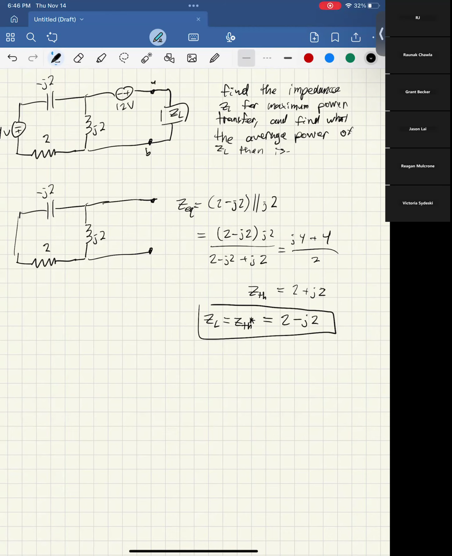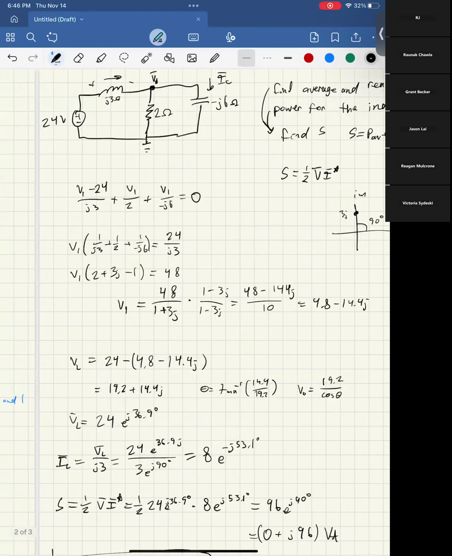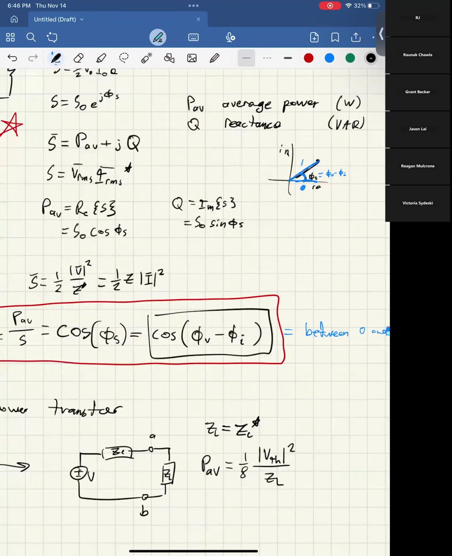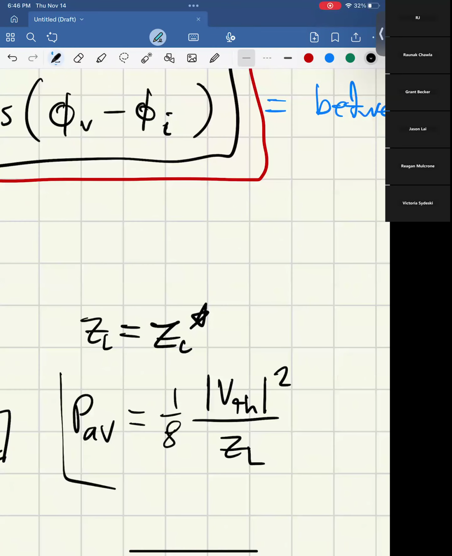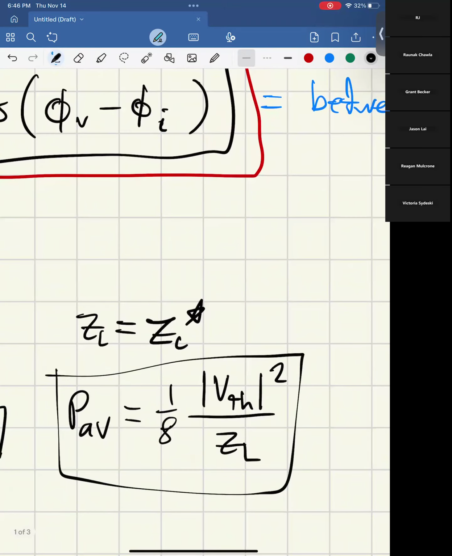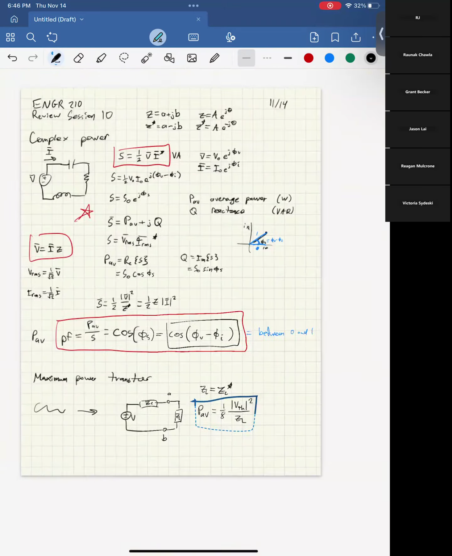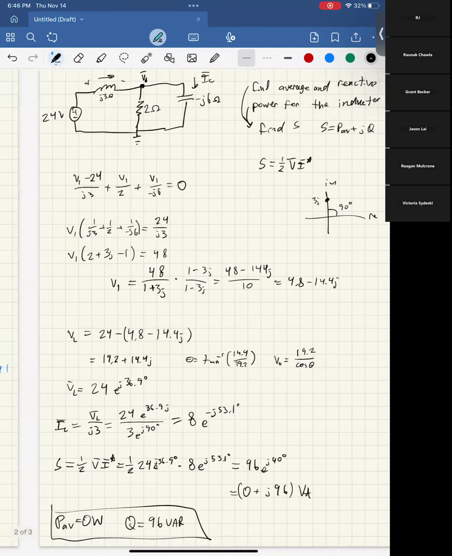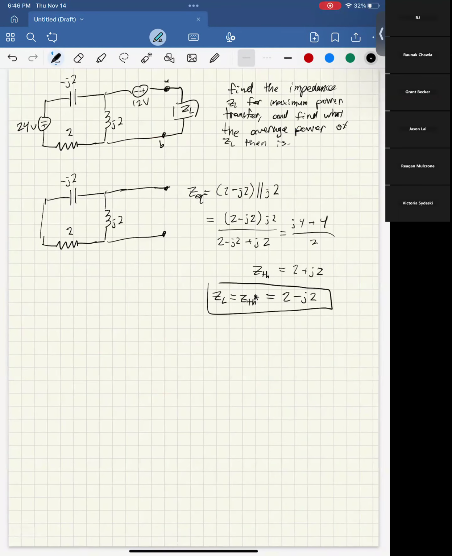If you recall, the equation we had from before is that the average power you get out of it is in terms of VTH. That's the Thevenin equivalent voltage, not the actual voltage. So we don't have to care about what this voltage would be in the actual circuit. We only have to care about what the Thevenin equivalent voltage would be.